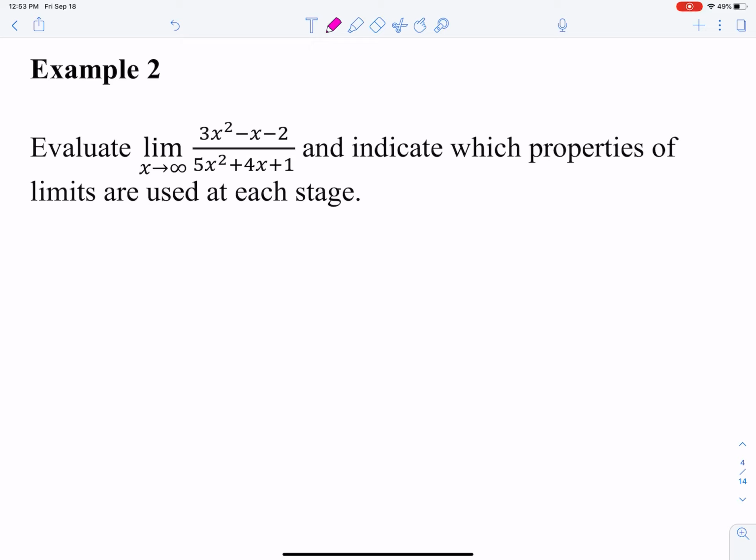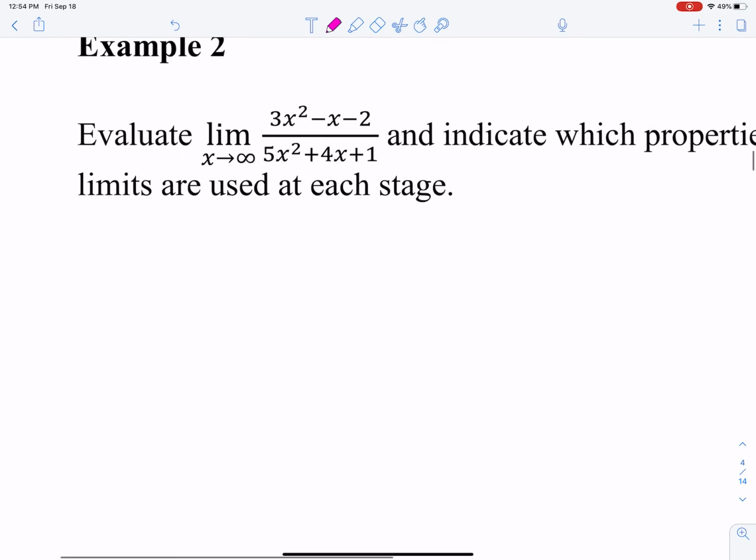Okay, so here we go. Evaluate the limit as x approaches infinity of that big old mess and indicate which properties of limits are used at each stage. So we could do this the really hard way and break it into little pieces, but it's going to be a big pain, to be honest with you. We've got a little shortcut for you.